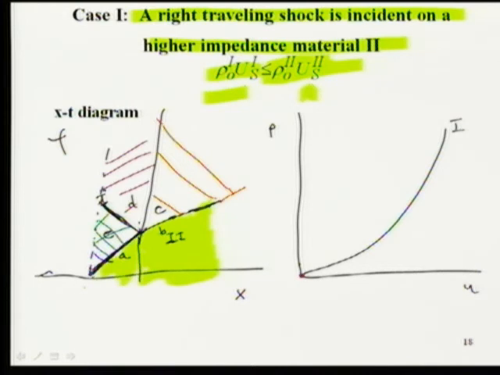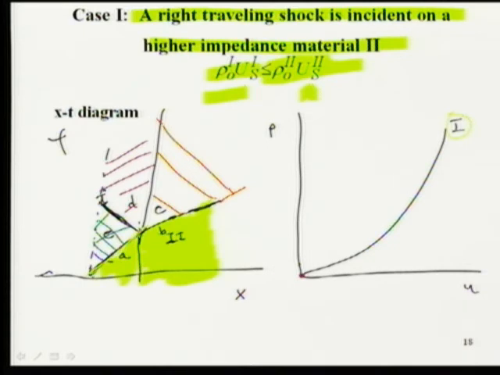We have on this first shock in this lower impedance material, and it's going to be along the principal PU curve, a forward-facing shock.